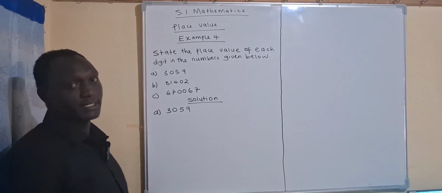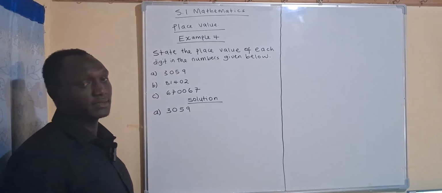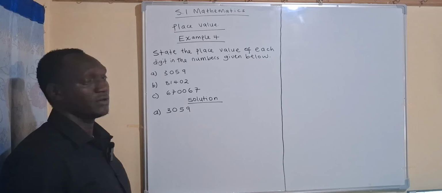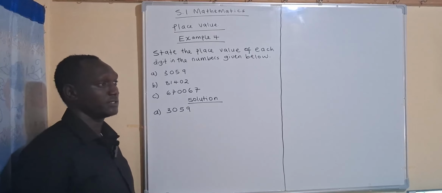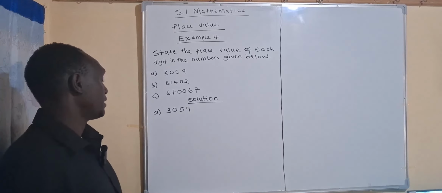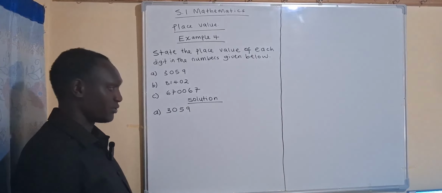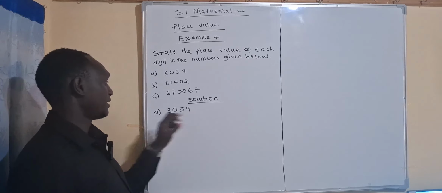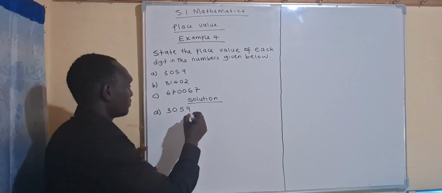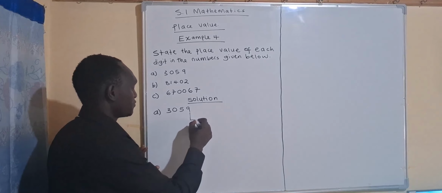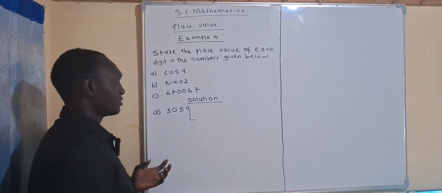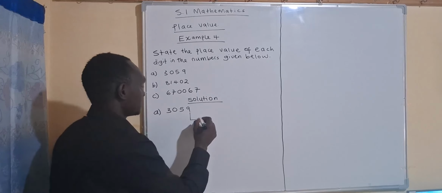We are going to follow the same way of stating the place values of digits in a given number. And as we all know, we start from the extreme end in here. That position is the position of ones.